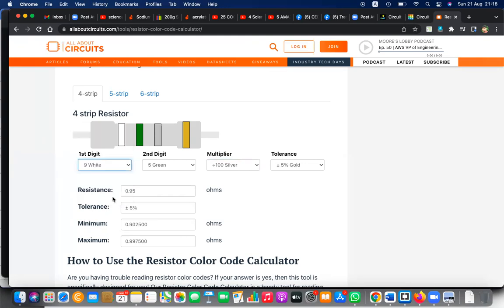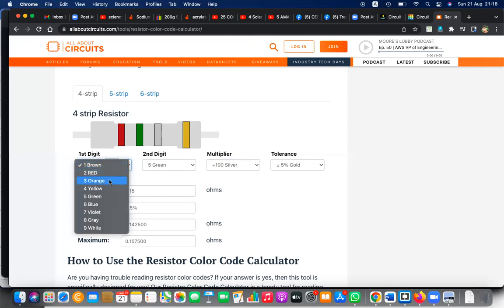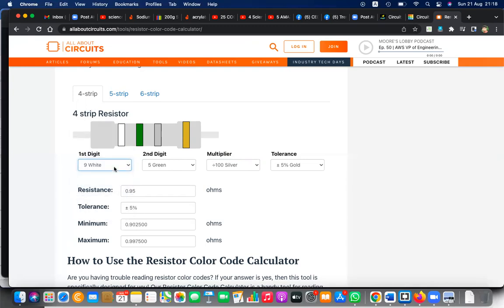White, 95. The brown, 0.15. The ohm value is decided according to the color. You can see. So let's put blue.